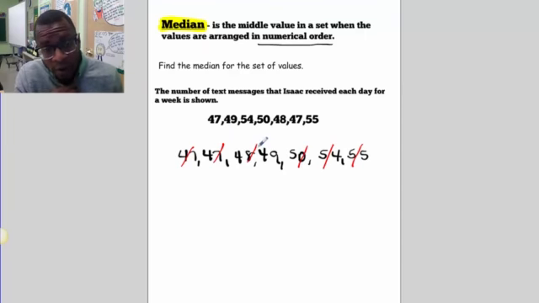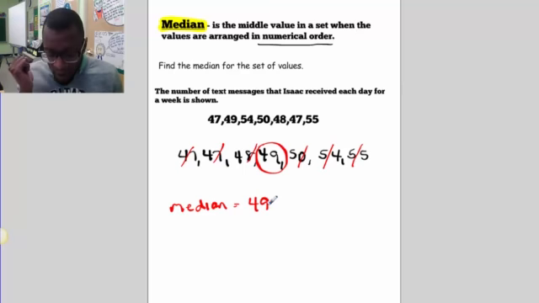And so our median value is 49. Okay, and so the median value is another central value that roughly tells you that he receives 49 text messages daily, which is not too far off from our mean or our average.